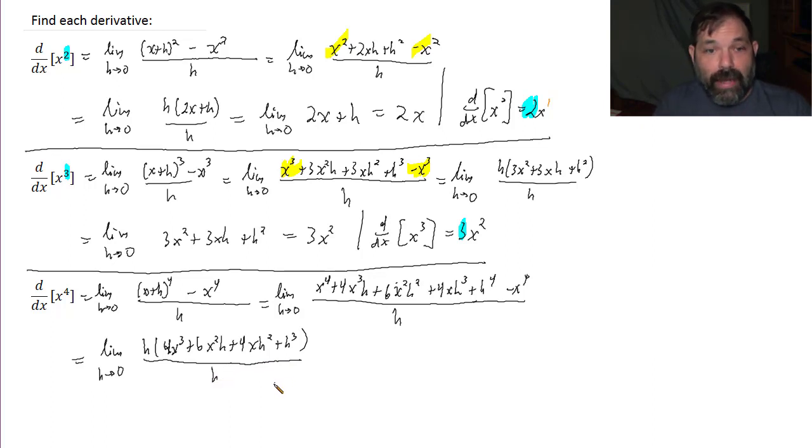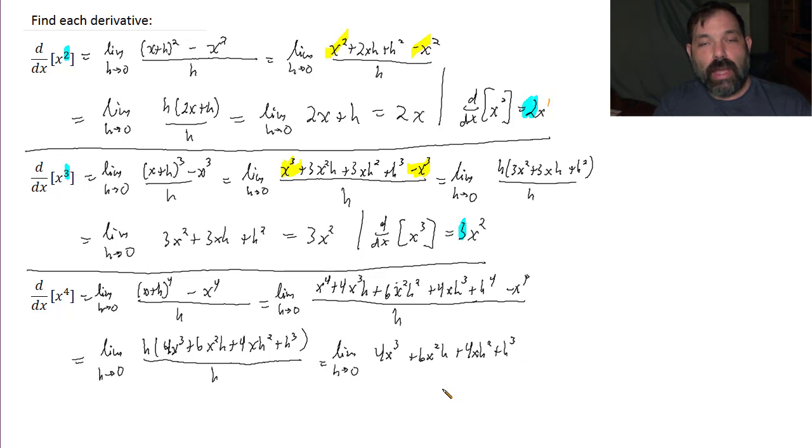We remove the factor of h and let h approach 0. So this becomes the limit, h approaching 0 of 4x cubed plus 6x squared h plus 4xh squared plus h cubed. Notice that now as we let h approach 0, the second, third, and fourth terms all go to 0, and we're left with just 4x cubed.